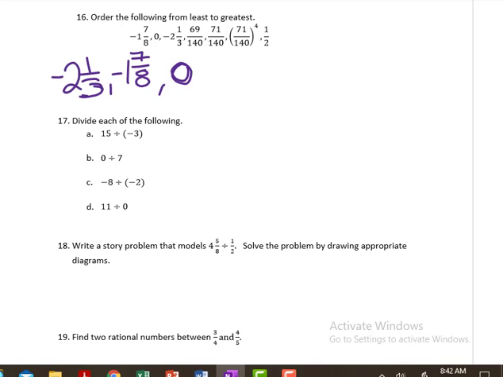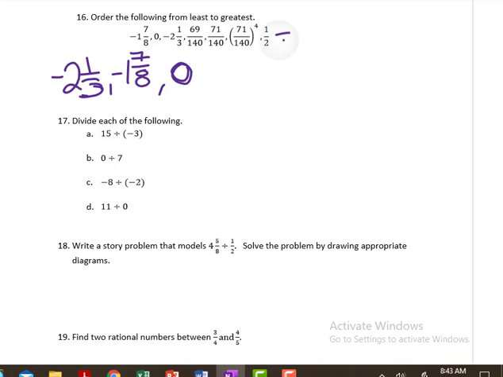Of the positive values, we have 69 over 140, 71 over 140, the quantity 71 over 140 to the 4th power, and 1/2. It will be easiest to list these if we have a common denominator.